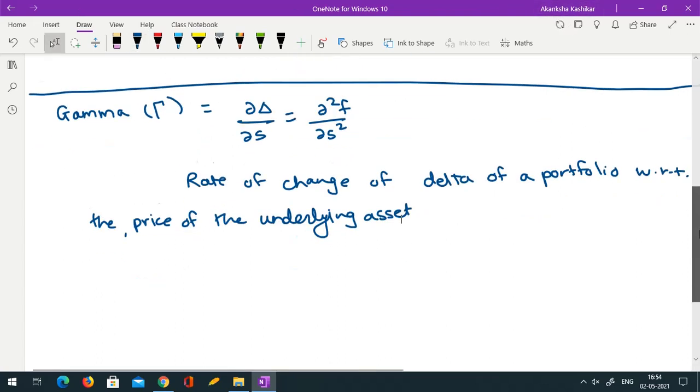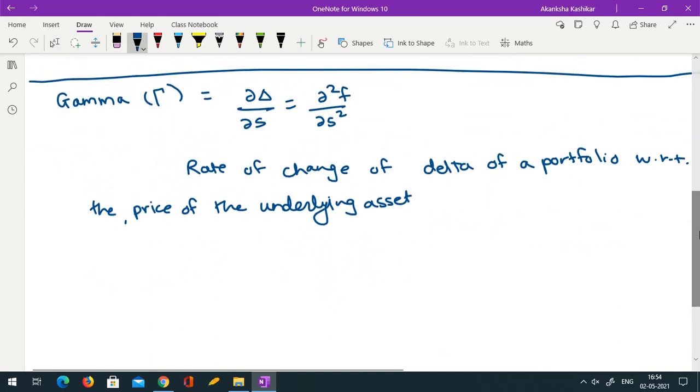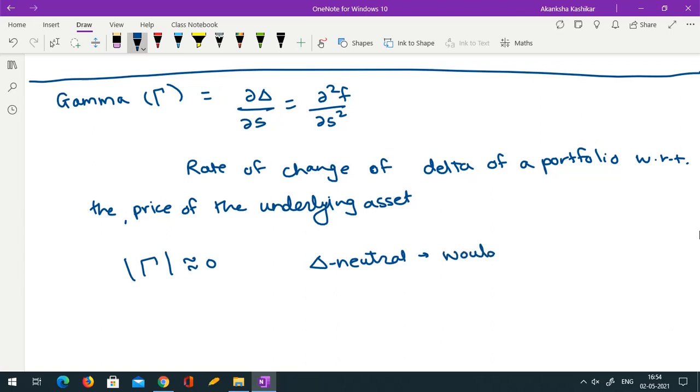Now, what can we say about small gamma or large gamma? If gamma magnitude-wise is small, then the rate of change of delta is small. It means that delta changes slowly with respect to changes in the share price. As a result, a delta neutral portfolio would not require frequent adjustments if gamma is low.